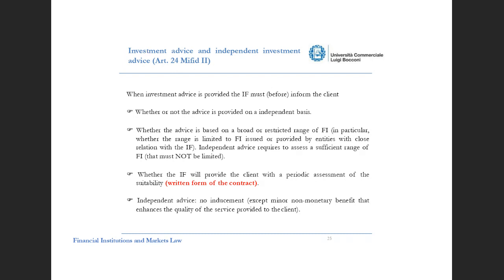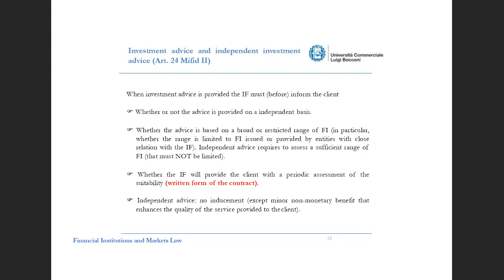And one of the core provisions is, first of all, the duty of the investment advisor to clearly say whether the advice is provided on an independent basis or not, so that the client is aware of the situation that he is facing.